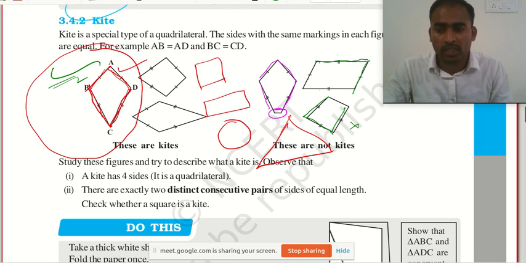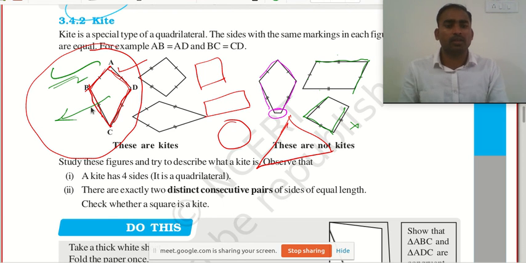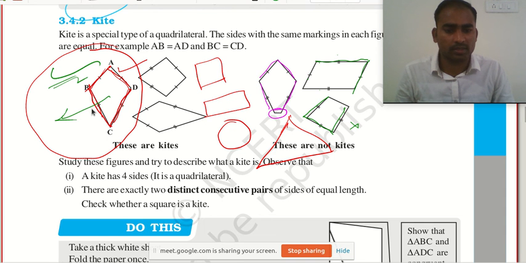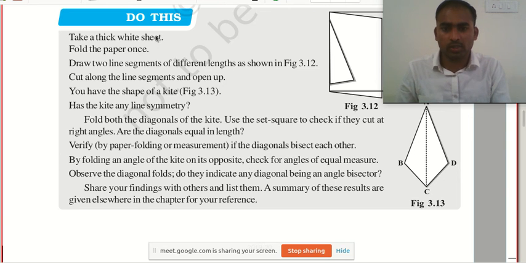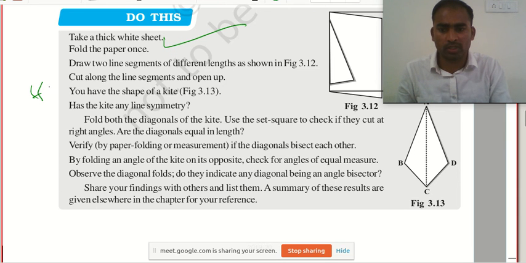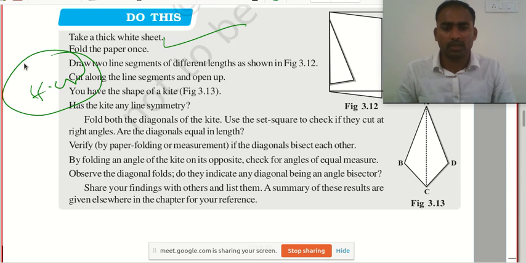And suppose if I make the kite in a square or rectangle or triangle shape, what are the drawbacks? And with this shape, what is the advantage? That you need to explain to me in the next class. Please go through this one. This is a homework.